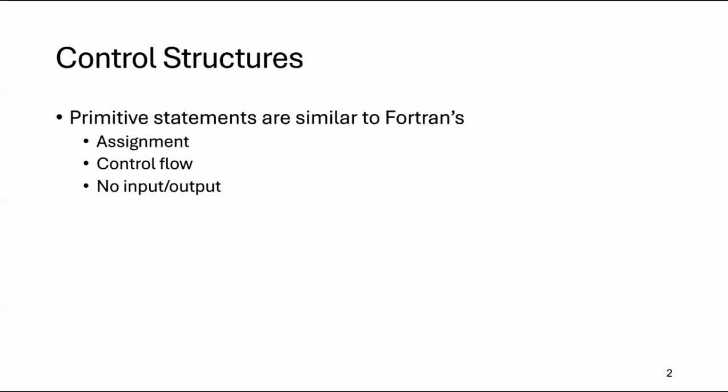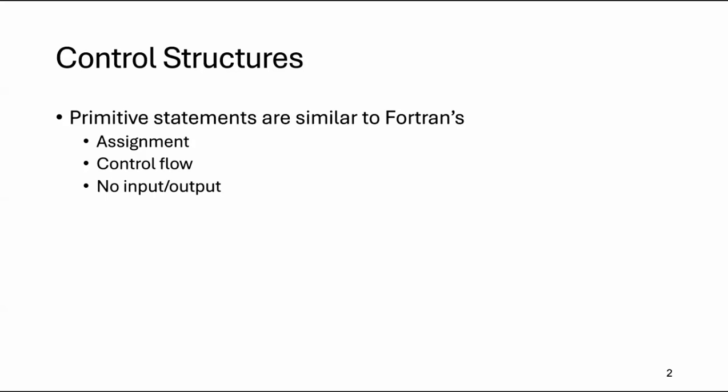So the control structures in Algol have a lot of similarity with Fortran. There were primitive statements that are very similar to Fortran's, like the assignment, and the control flow that includes if, for, go to, and other similar statements. And one important thing in Algol as well is that it did not have any input and output operations, which was really a bad feature, as Fortran did not have input and output operations either.